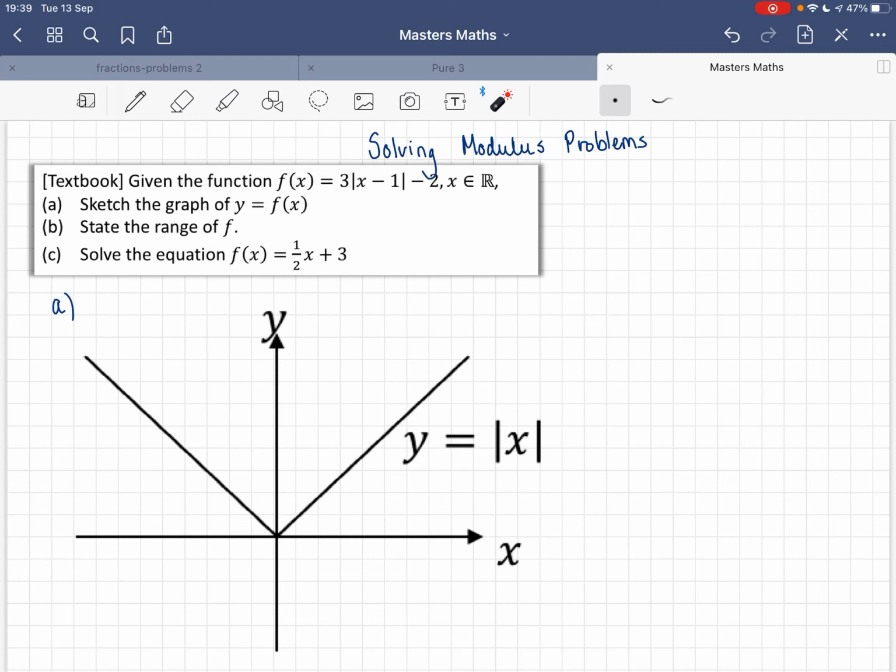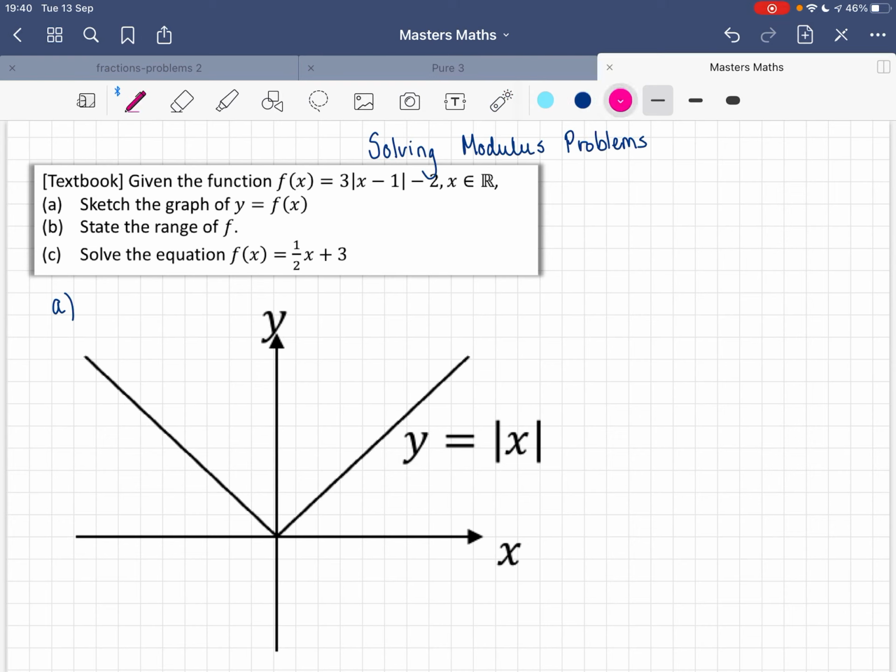The first thing is the minus 1 inside of the bracket. That is a translation, a movement in the x direction in the positive direction. Remember, we do the opposite when it's inside of the function, when it's happening to x. So instead of subtracting 1, we are adding 1 and moving everything to the right.